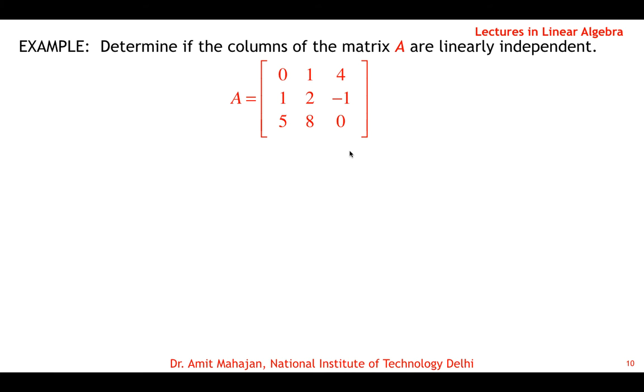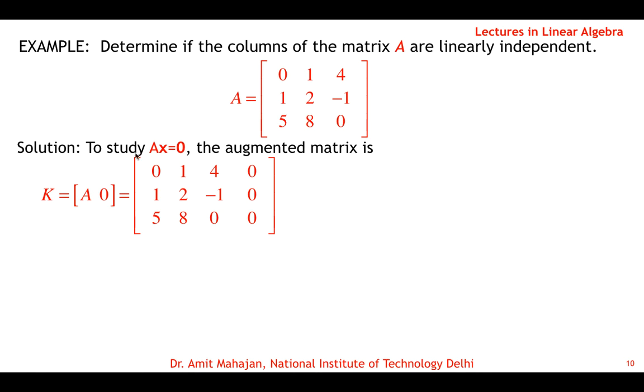If there is one, then it becomes dependent. If all columns are pivot columns, then it is linearly independent. So let us solve the homogeneous system and write the augmented matrix [A 0]. A is 3 by 3 and 0 is the 0 vector, and reduce it to equivalent form.